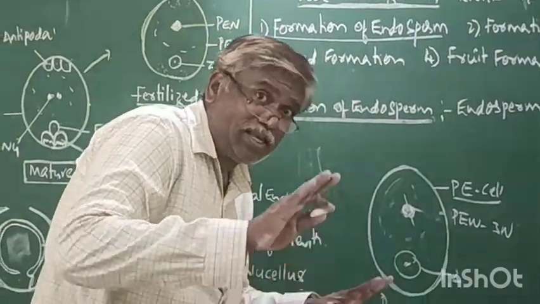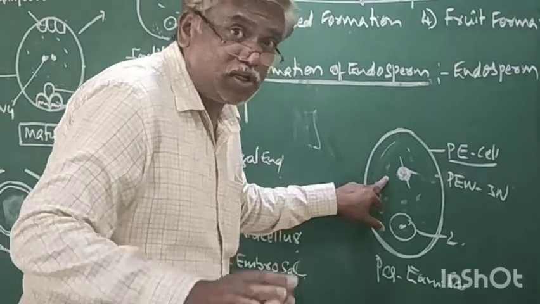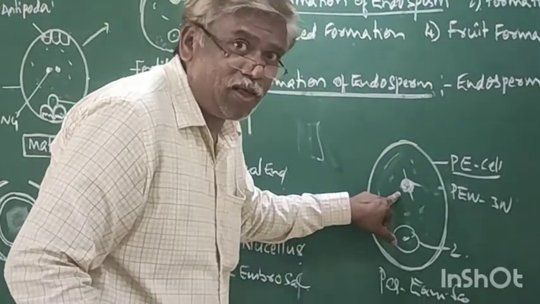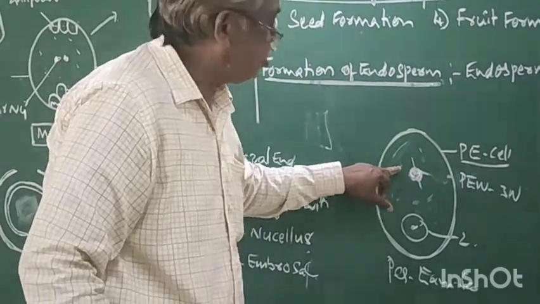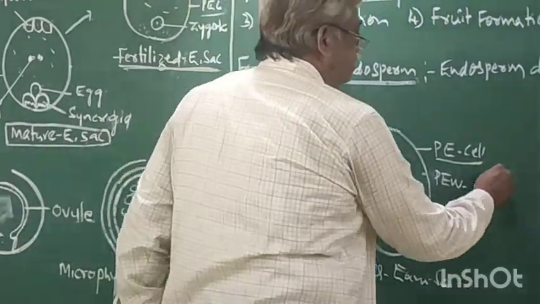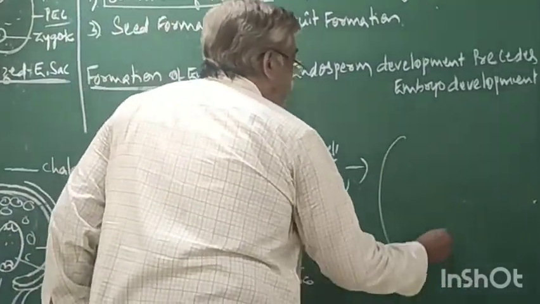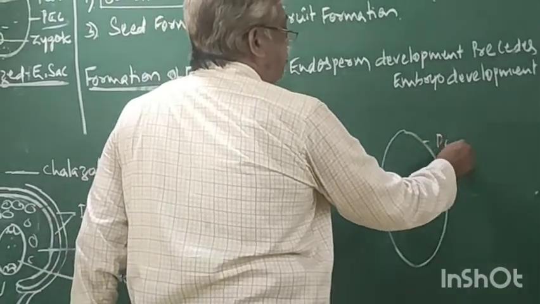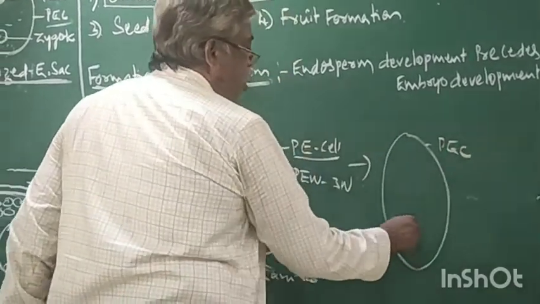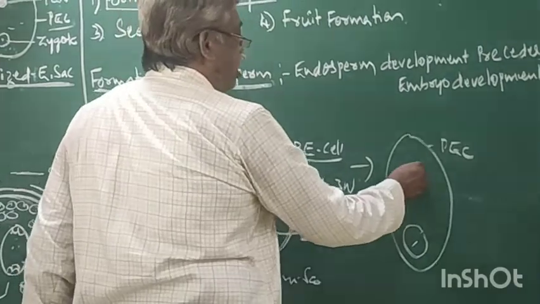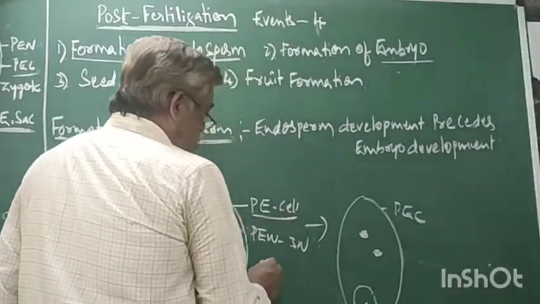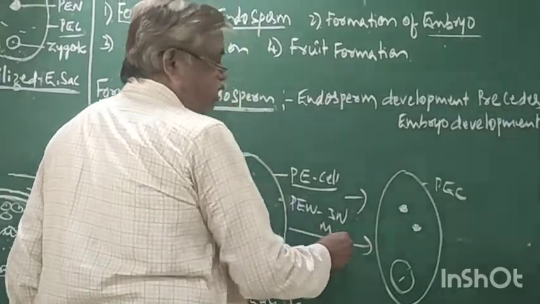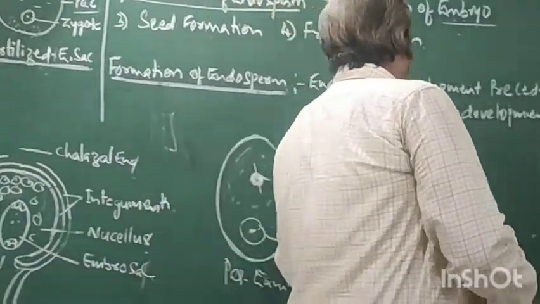The zygote remains as a zygote. Now I am saying nuclear division, but not cell division. Which nucleus? PEN. Due to this, the PEC, primary endosperm cell, now has two nuclei. Now it is binucleated.